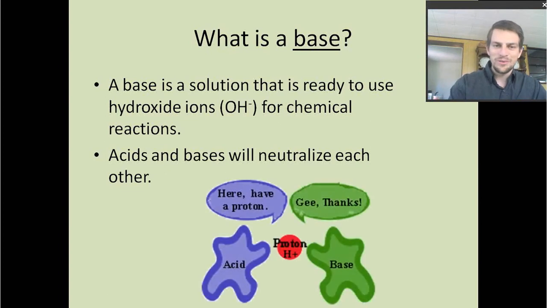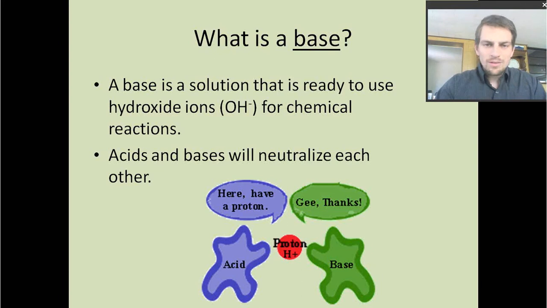Here's a fun little cartoon of an acid giving a proton, or a hydrogen ion, to a base, and the base is very thankful for that. So that's often the way this happens: you're going to have these proton donors, which means they're giving away protons, and then the proton acceptor, so they're going to take that proton, and that's how the acids and bases will kind of react together.